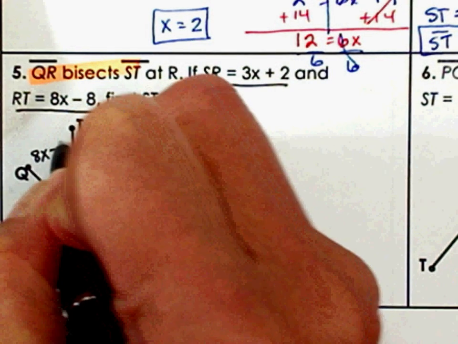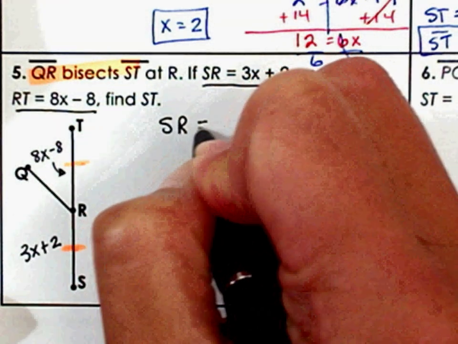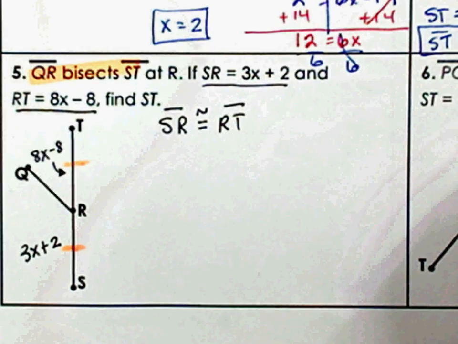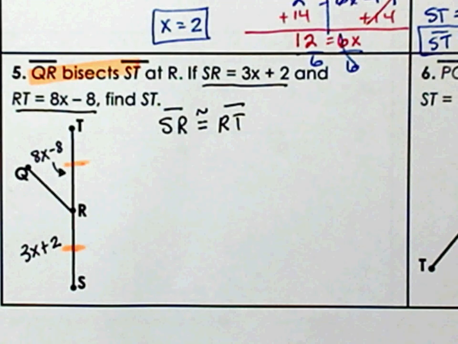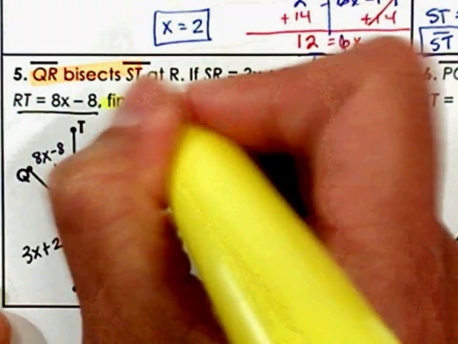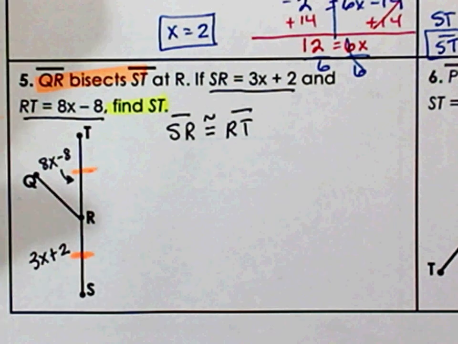RT is 8x minus 8. All right. So what do you know about SR and RT? They are congruent. But then it asks you to do what? Find ST. So make sure you find ST. Okay?